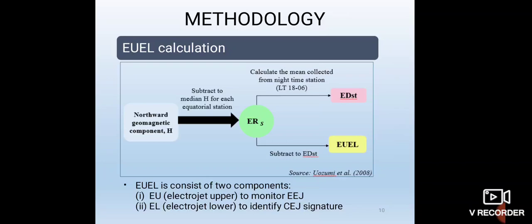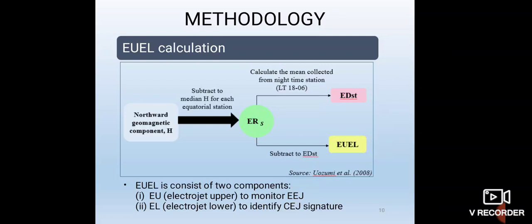EUL index is derived from a series of calculations started with the raw data of H component, followed by ER for every equatorial station, later EDST, and finally EUL. This calculation is based on the study by Uozumi et al. 2008. For further details, you may refer to his paper.